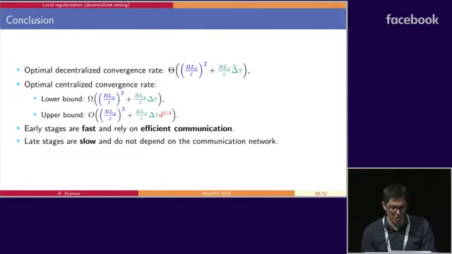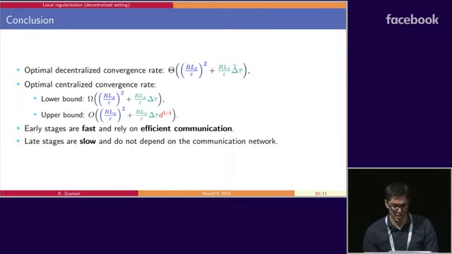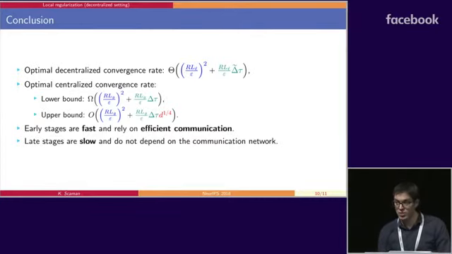Okay, so in conclusion, what we show in this paper is an optimal convergence rate in one setting and closely related lower and upper bounds in the centralized setting. I think that the main message of all this is that in the non-smooth setting, early stages of the convergence are fast and they rely on an efficient communication.